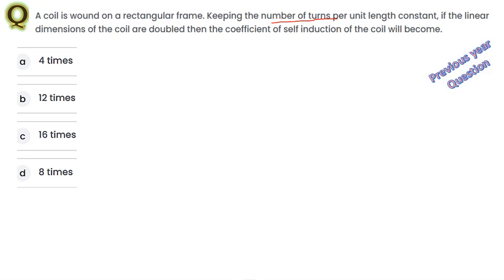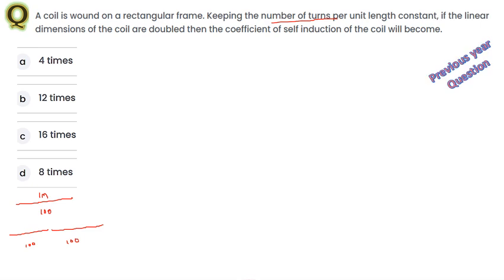Say for example, what do you mean by number of turns per unit length? Unit length means if you consider 1 meter length of the wire or coil which contains 100 turns. Now I make this into 2 meter length of the wire. If I extend this, first 1 meter has 100 turns, second 1 meter also has 100 turns.